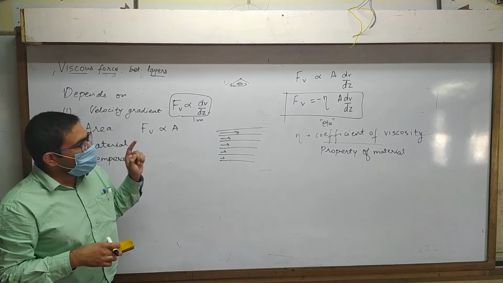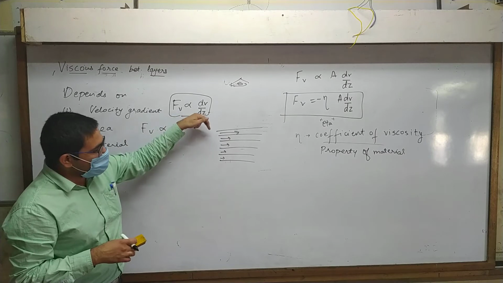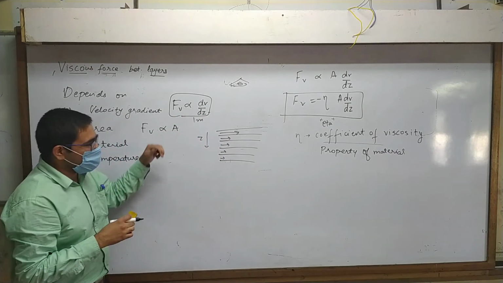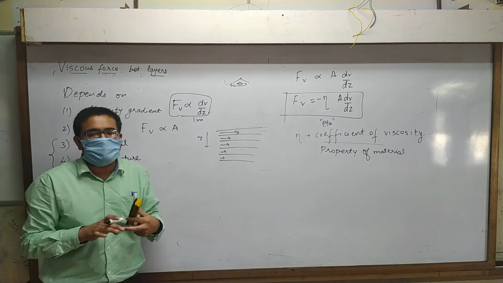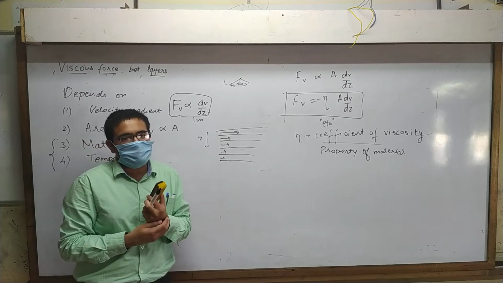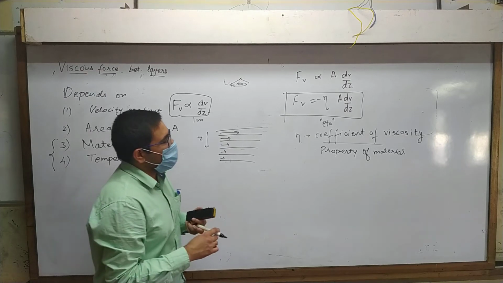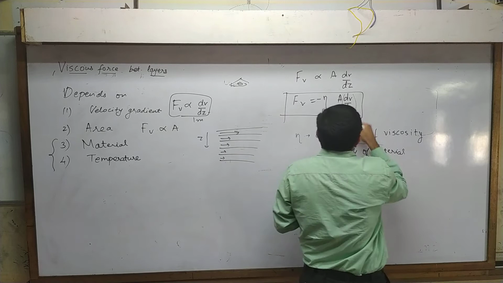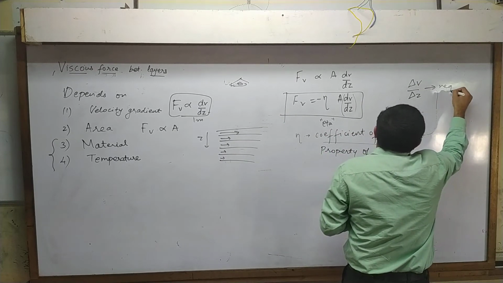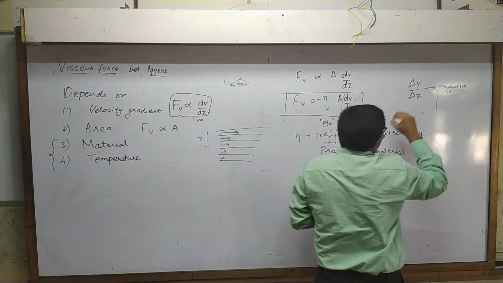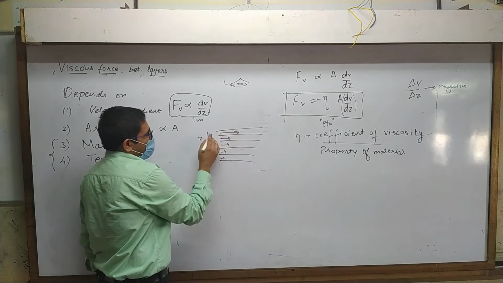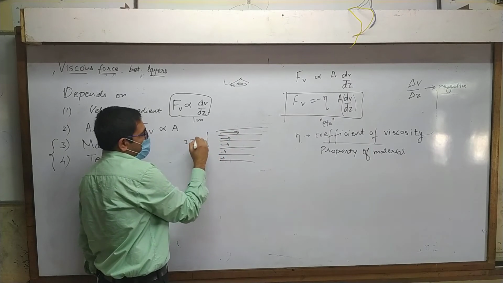So as depth will increase, where Z stands for depth, the speed is going to decrease. So if you think of this quantity, delta V by delta Z or dV by dZ, this will generally be negative. I hope that makes sense to you. Why? Let's try putting some value. Suppose this depth is 1 meter.